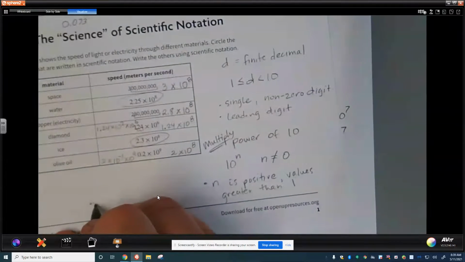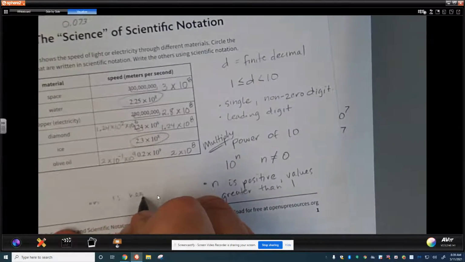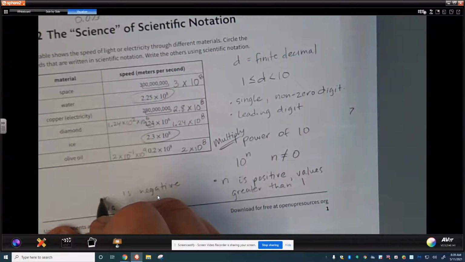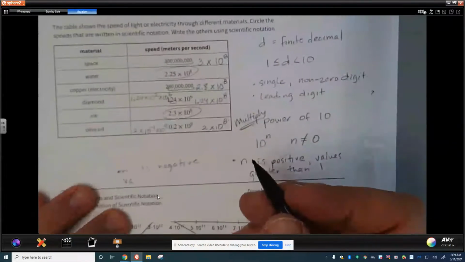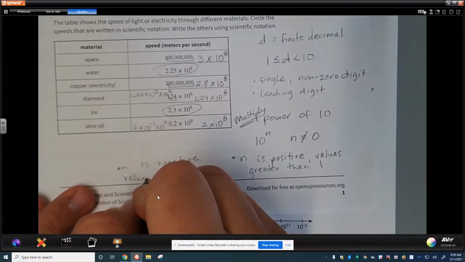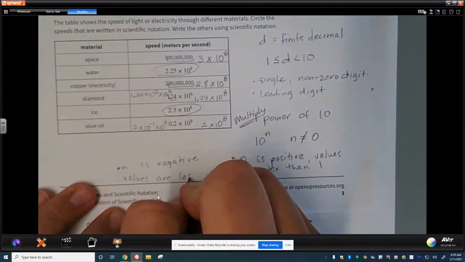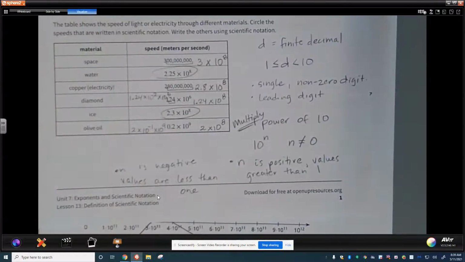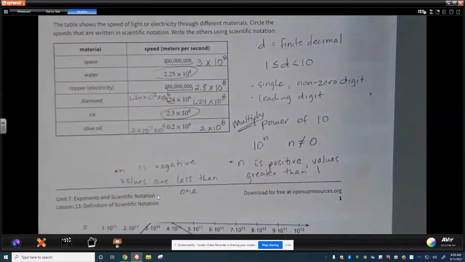When n is negative, values are less than 1. That's a bullet point. One misconception that we see is sometimes people think they're going to get to a negative value with a negative power, and that's just simply not the case.